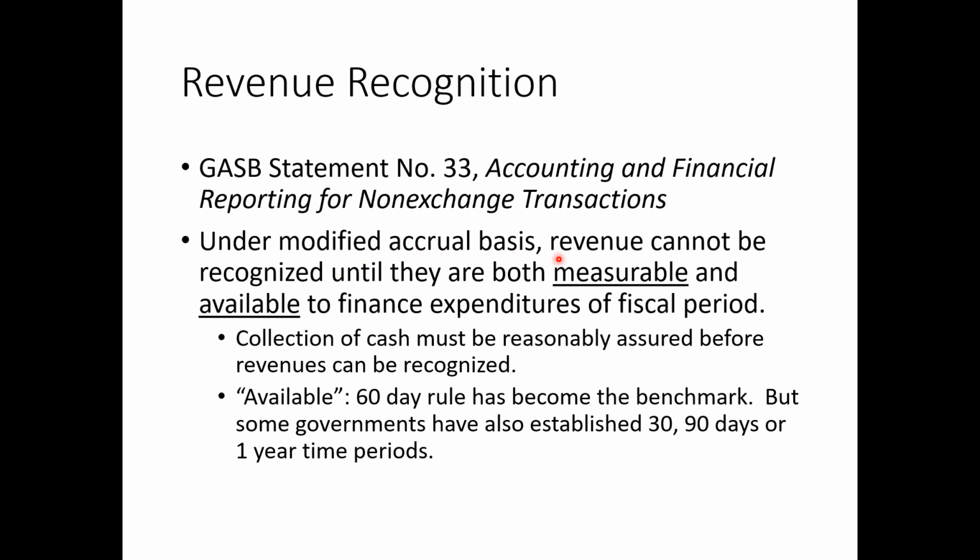Under the modified accrual basis, revenues cannot be recognized until they are both measurable and available to finance expenditures of the fiscal period. Measurable and available. Revenue will be recognized when measurable. This is true for all accounting, but what's unique here is that it must be available. In government accounting, it must be available.